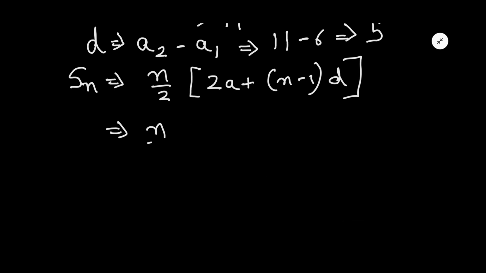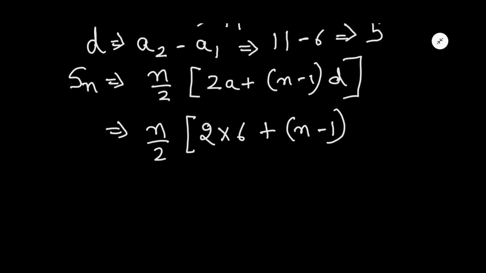We don't have n, so the first term we already calculated is 6, the common difference also we calculated is 5.